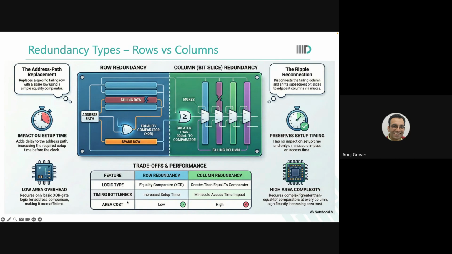So we said that memory-related failures can be majorly recovered if we can simply replace a row or a column. We're talking about row redundancy and column redundancy. And we also look at the different consequences this choice has on area, power and performance.